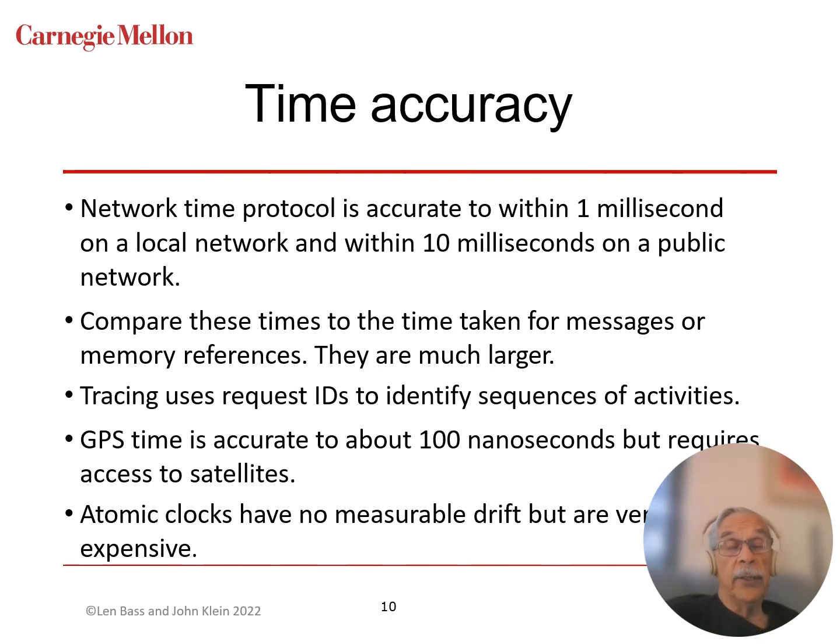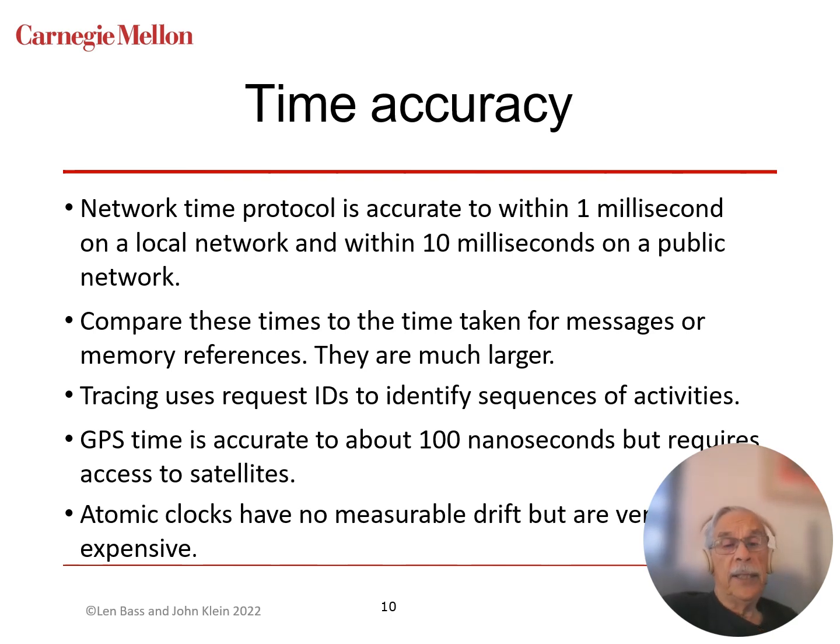And so there are things called vector clocks, which are software constructs that enable you to have more accurate sequence readings. And we'll talk about tracing in a minute, but that uses request IDs to identify sequence.